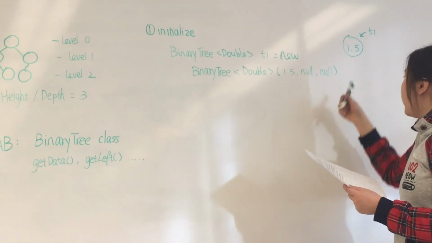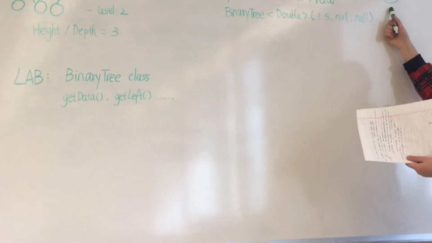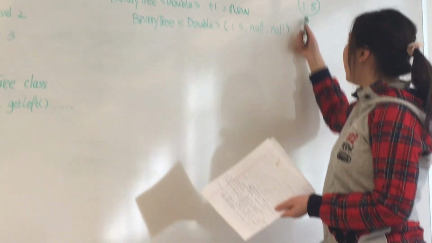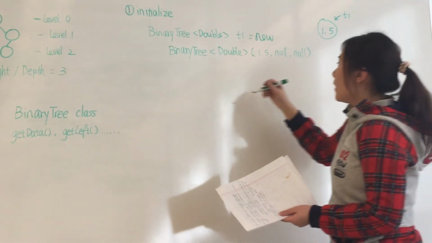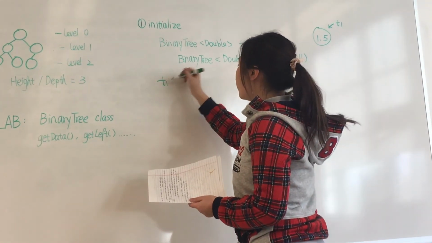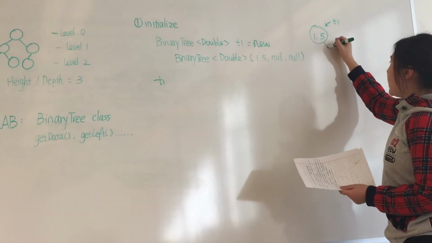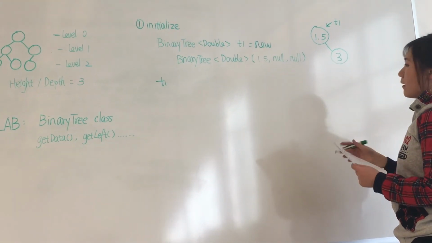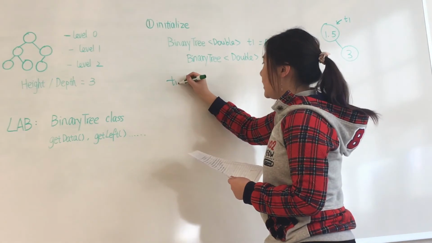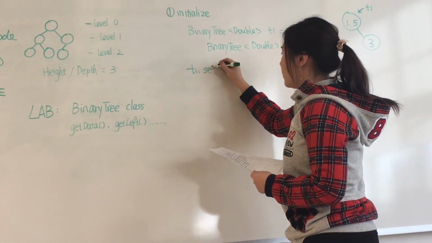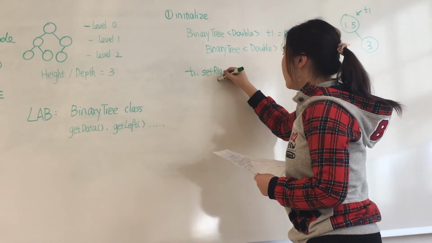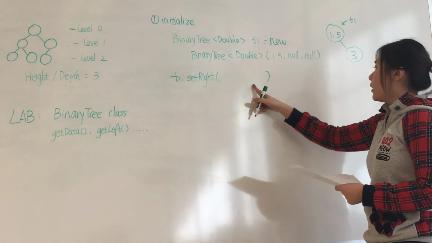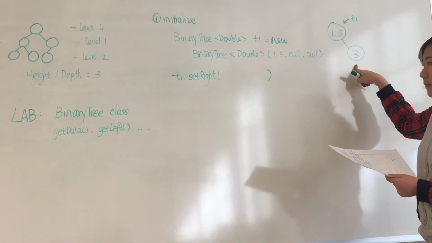And if we want to create a child under this node, we can use the setLeft or the setRight method, depending on which direction you want to go. So for example, we want to give T1 a right child that has the data of 3. We'll say T1.setRight, and inside this input, we'll give this node right here.